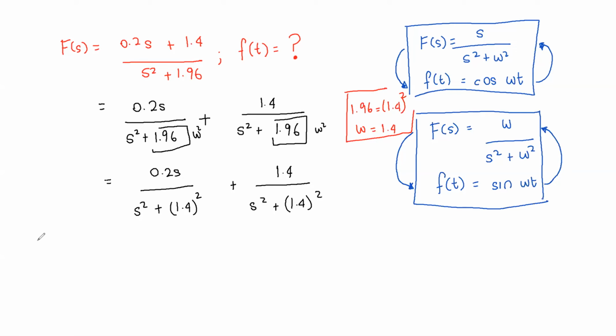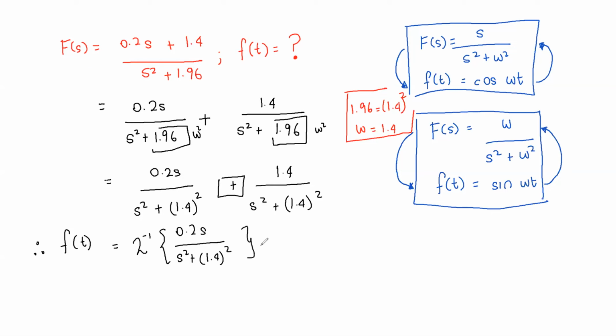Now let's get the inverse Laplace transform of this. We can do the inverse Laplace transform for individual components, since this is a plus operation. So this is equivalent to the inverse Laplace of 0.2s over s square plus 1.4 square, plus the inverse Laplace of 1.4 over s square plus 1.4 square.